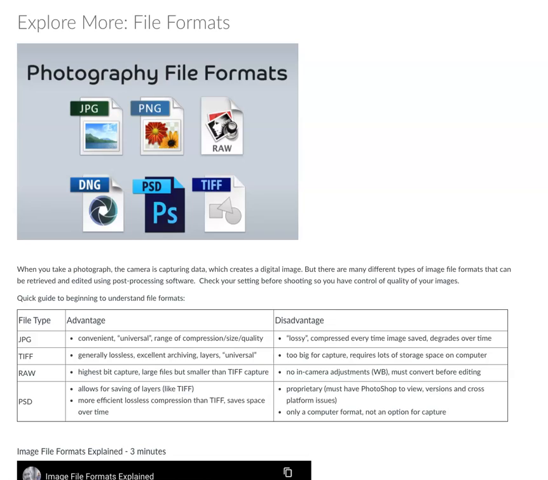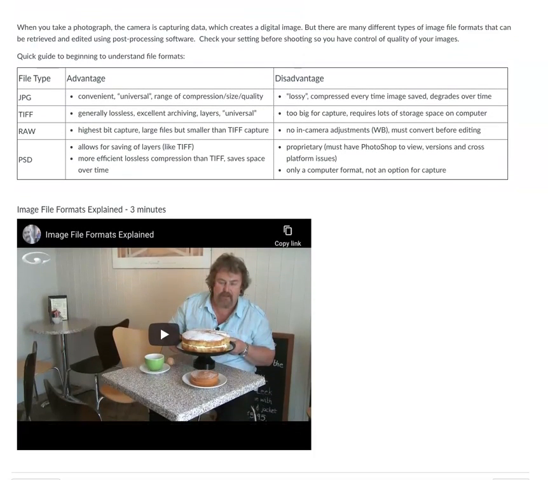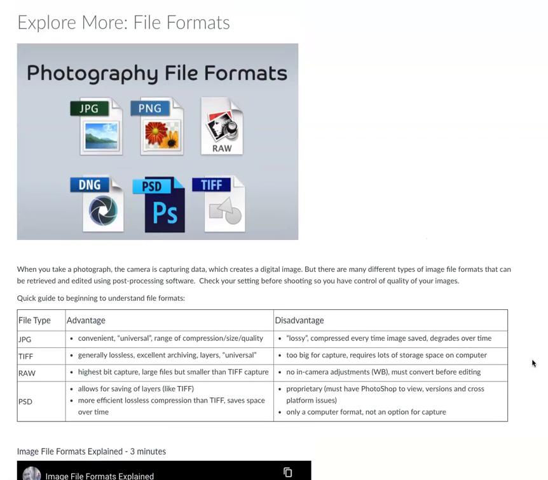I just want you to know that there are some really interesting different ways to think about what file format to use, and that's something that I would go over in the part 2 of this class. So we won't really get into file formats too much, but I've started to gather some information so you just have some basic understanding of the different file formats and some of the advantages and disadvantages to using them. So if you have any questions about the file formats, please feel free to send me an email via Canvas.